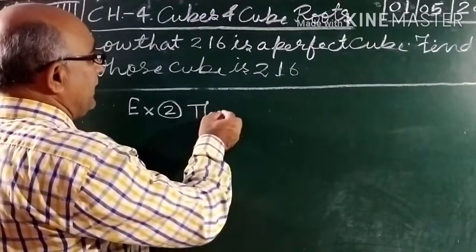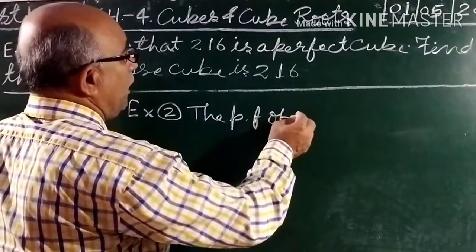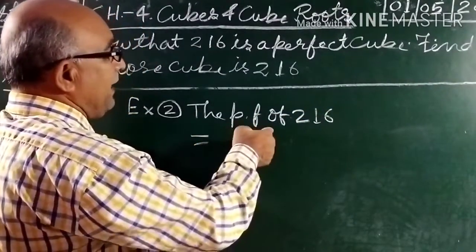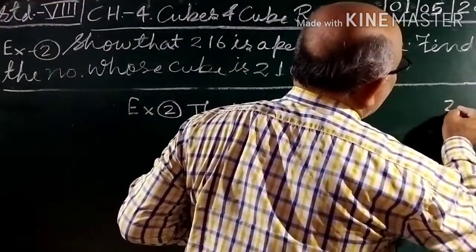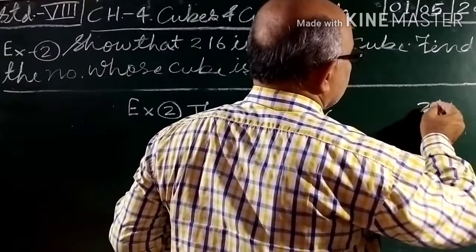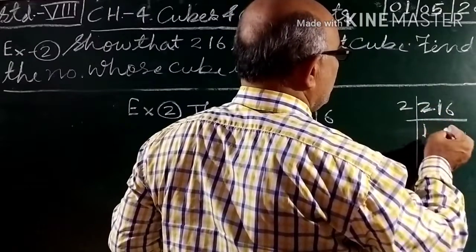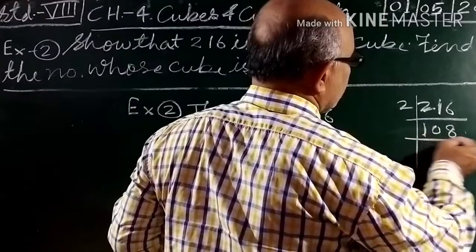So first of all, write the prime factors of 216. Here find the prime factors of 216. 2 times 1 are 2 and 2 8 are 16.